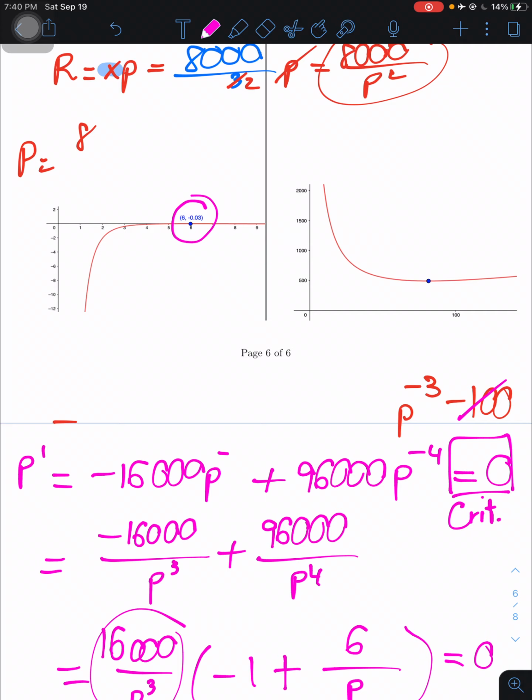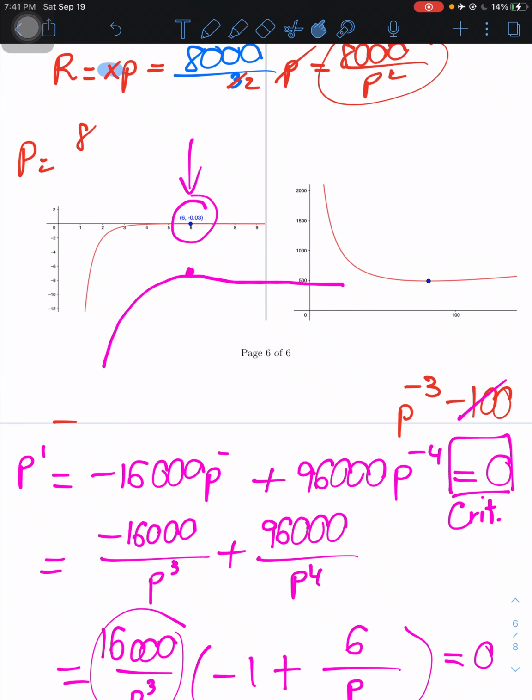If you want to zoom it out, it's going to look like this, a little bumpy. Okay, let me try it again. So this is where the 6 is. It has a little loop in there, but it's too small for us to see, but it does have a loop in there. So this is the highest price that you can get to maximize the profit.